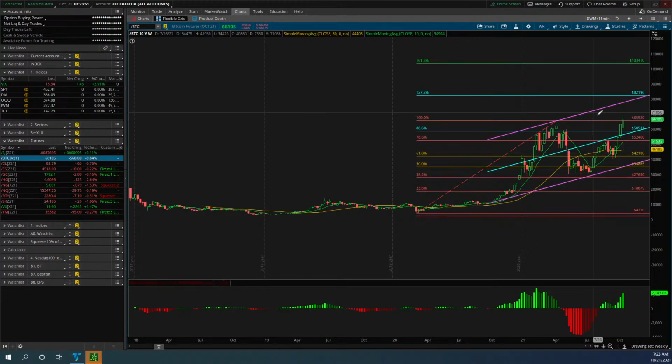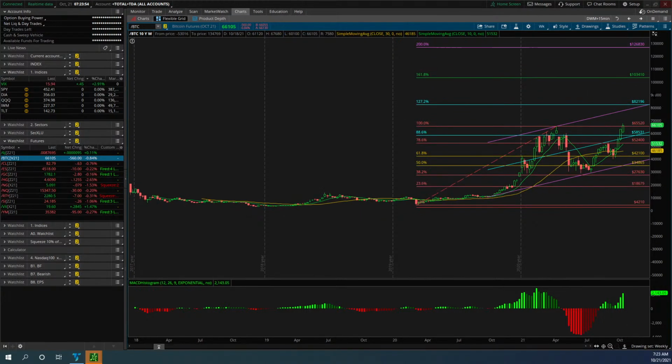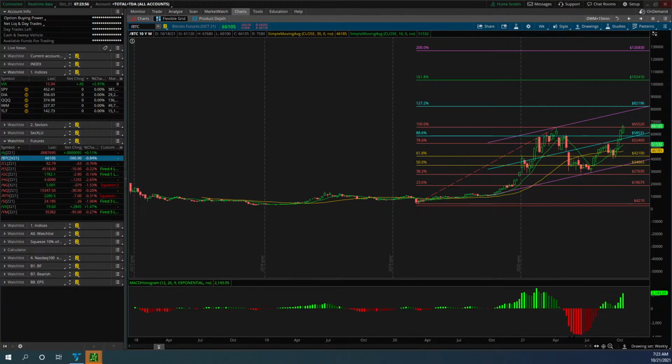Target is 82.96, and then longer target is going to be 103.40 and 126.830.